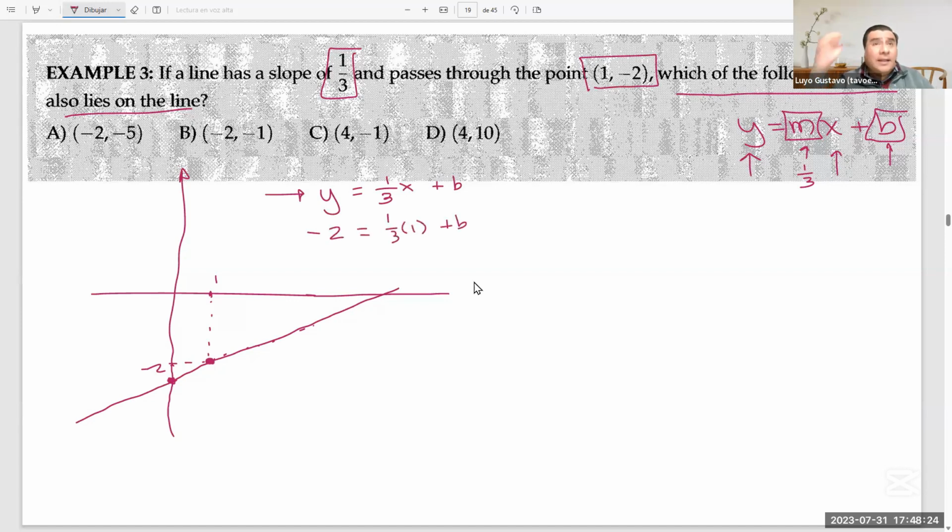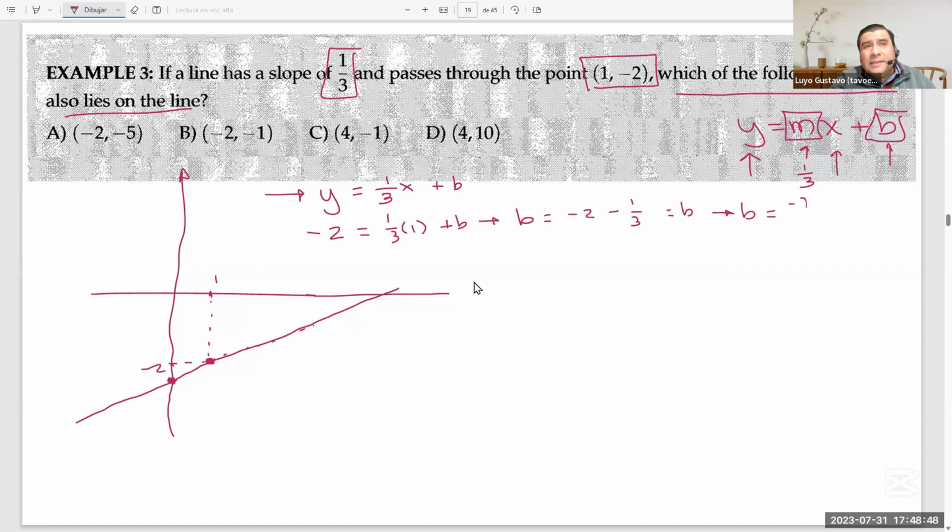So what is the value of b? You can determine that easily. b would be -2 take away 1/3. So it's negative, the sum of 2 plus 1/3. This is 7/3, right?